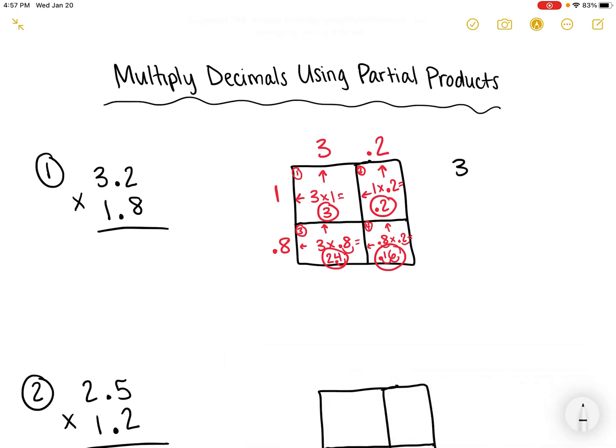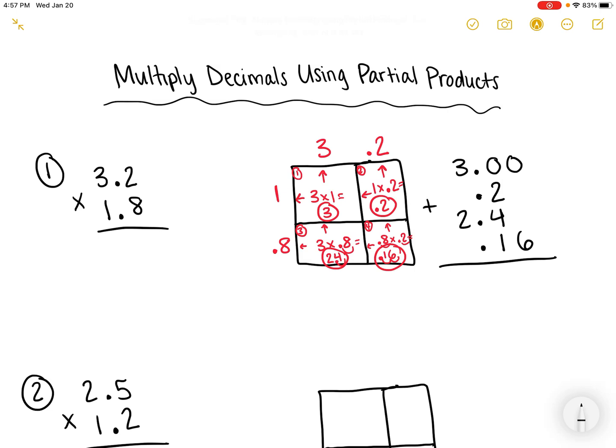So remember, one important thing when you're lining up these numbers is to line up your decimal points. Otherwise, you will not get the correct answer. So for 3, I wrote 3.00. And then I'm going to go to box number 2, which is 2/10. And then for box number 3, we have 2 and 4/10. And for box number 4, we have 16/100ths.